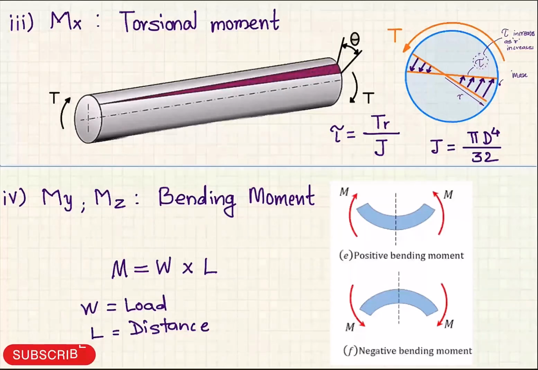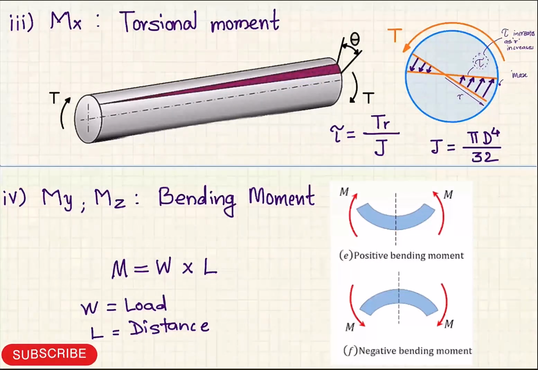The definition of bending moment is the net moment vector acting tangential to the cross section. At this point we are taking a cross section and it is acting tangential to the cross section of the specimen, which is called a bending moment in the body.